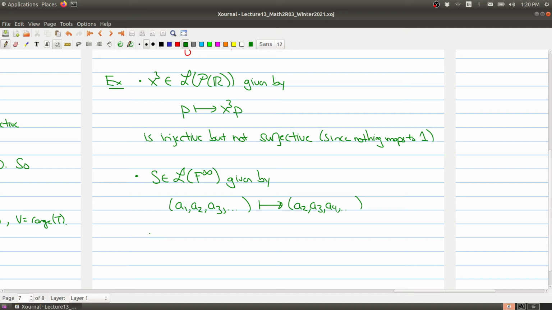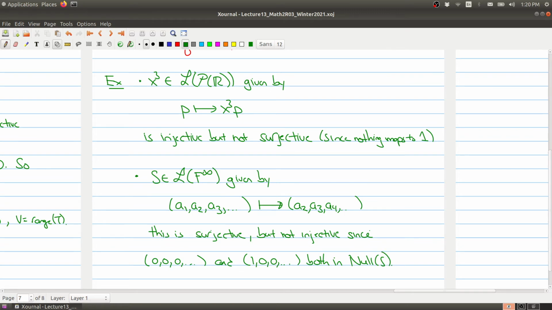This map is surjective because I can hit every possible sequence with this, but not injective, since we have that (0, 0, 0, ...) and (1, 0, 0, ...) are both in the null space of S, so it can't be injective.